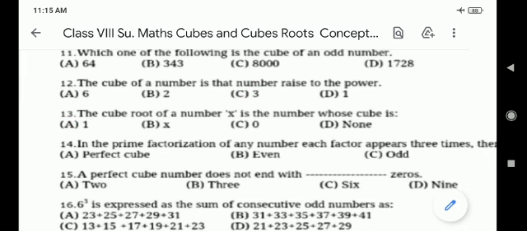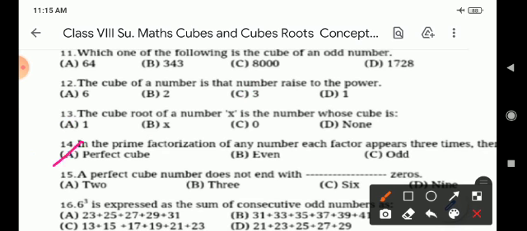Question number 14. In the prime factorization of any number, if each factor appears 3 times, it is called a perfect cube. Do you know perfect cube? It is an integer that is equal to some other integer raised to the third power.